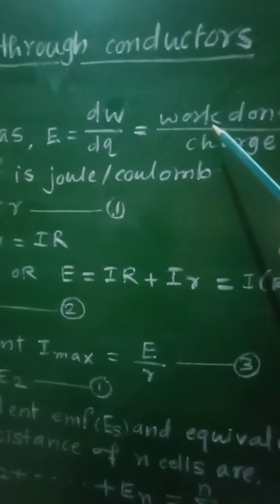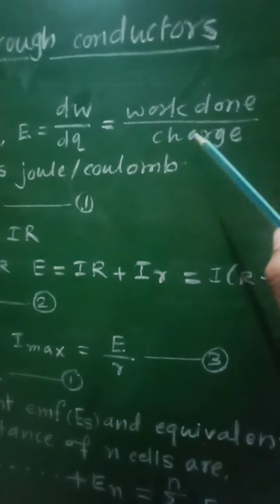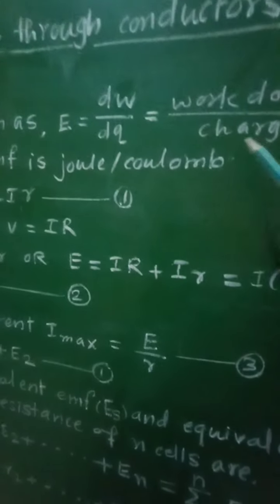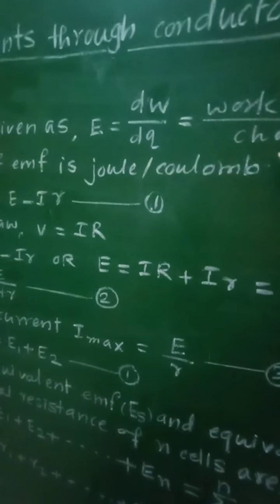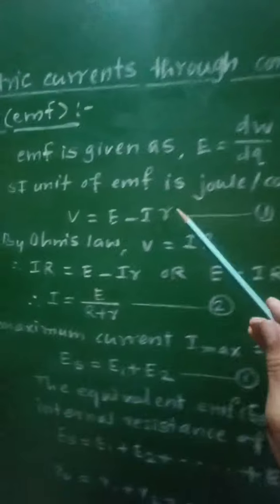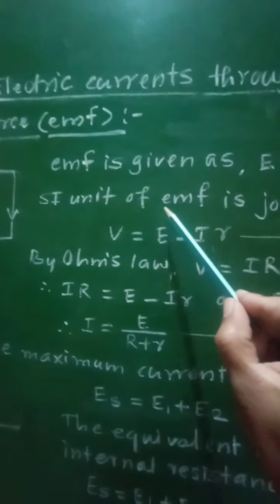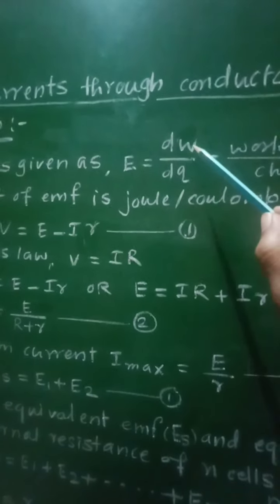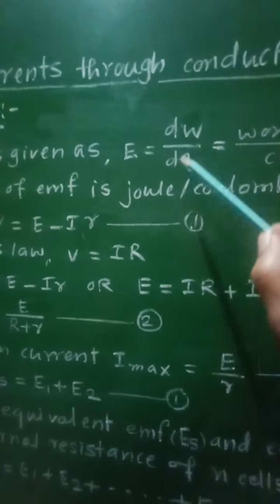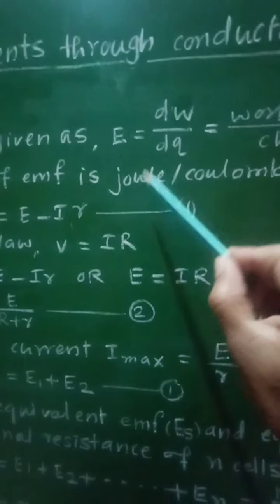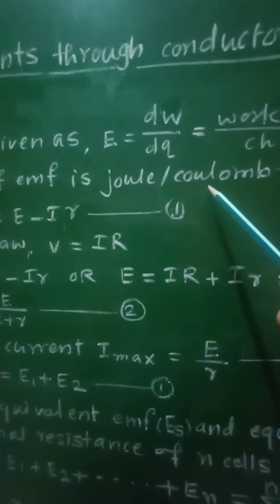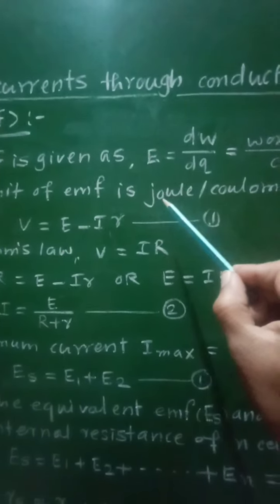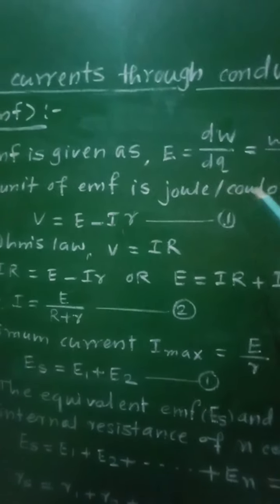That will be equal to work done by that device by the charge flowing through that device. So E is equal to dW by dq. Now the SI unit of EMF is joule per coulomb. So work done, that is the energy, will be measured in terms of joule, and this charge dq will be measured in terms of coulomb, and therefore the SI unit of EMF is joule per coulomb.